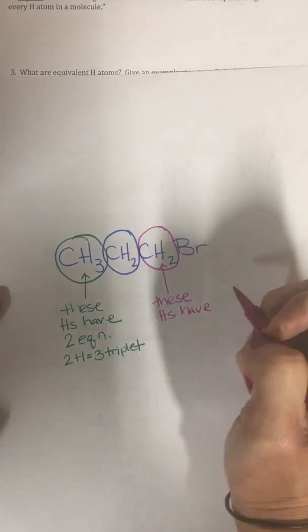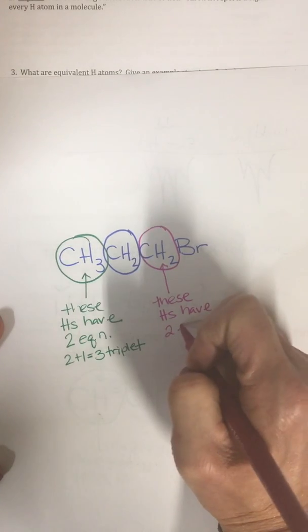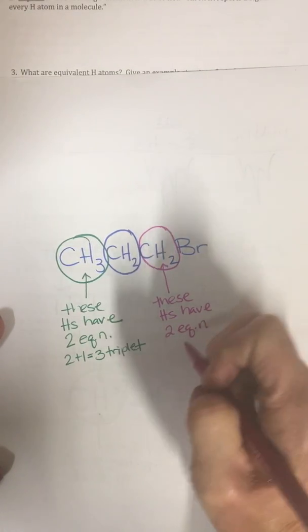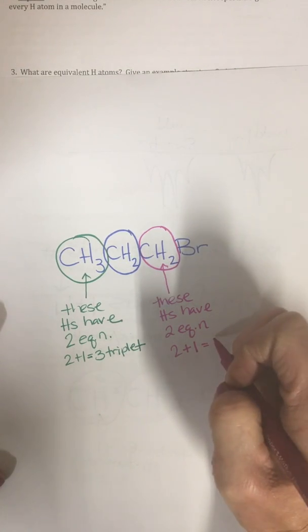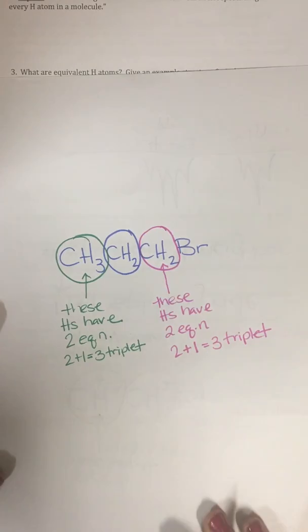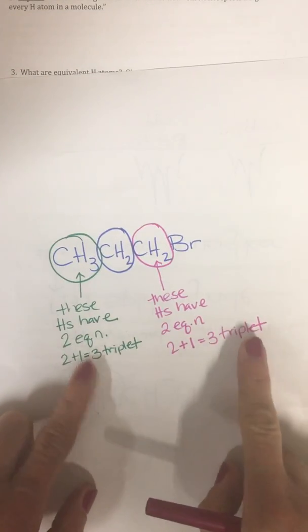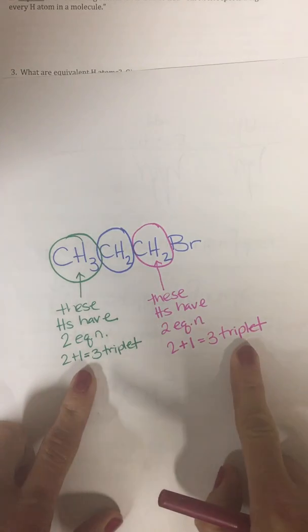have 2 equivalent neighbors. So 2 plus 1 gives us 3. So we're having another triplet. Okay, so far we have 2 triplets here. Now those triplets are in different places.